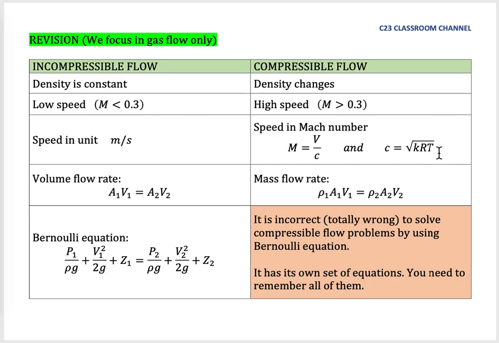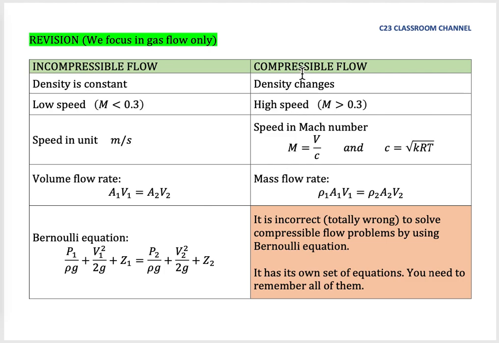Sometimes the altitude will change the temperature, and sometimes it stays at sea level but you heat up the inlet, so the temperature increases and you get a different speed of sound. In incompressible flow, we use the volume flow rate, A1 V1 equals A2 V2, and the unit is meter cubed per second.